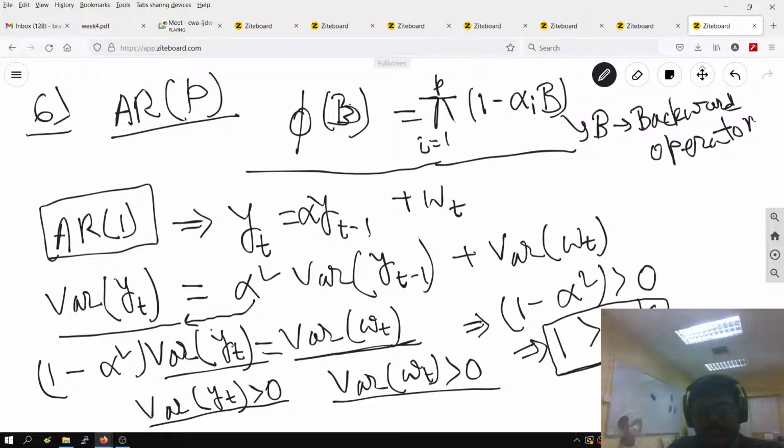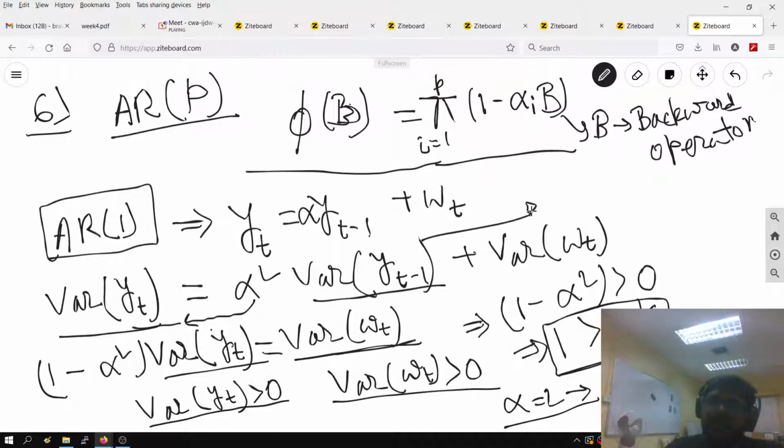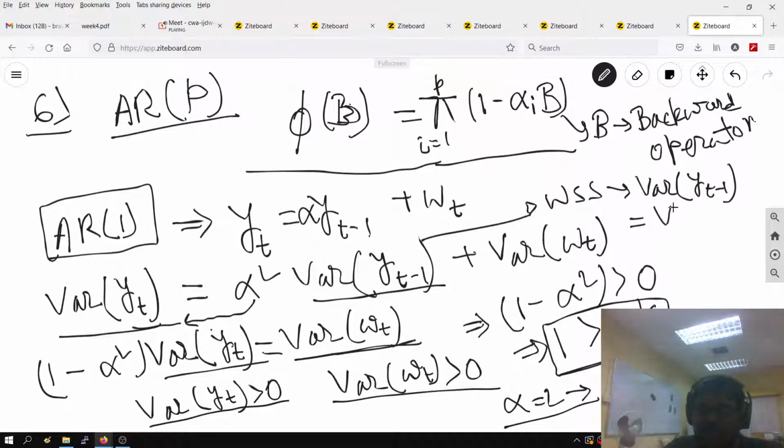So if alpha becomes 2, this does not support. Why? We have taken that variance of Y_{t-1} equals variance of Y_t. This happens when it is a WSS process. So if I take alpha equal to 2, this condition breaks, and it suggests this is not a WSS process, and it is also not stationary.